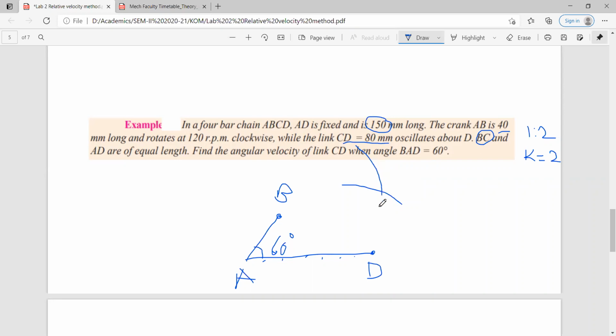C point will also be on this arc. So wherever these two arcs will intersect, that will be the common point on both the arcs. And this way you can locate the point C. Got it?